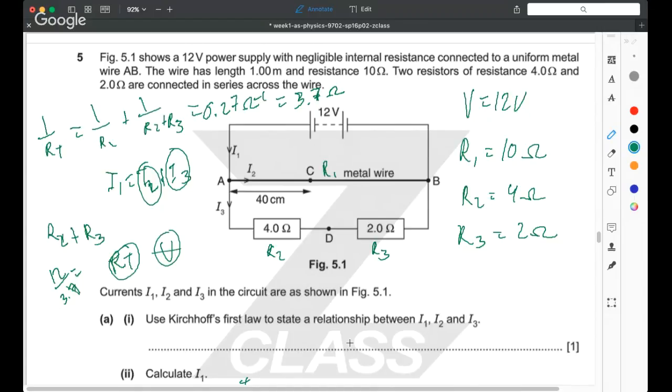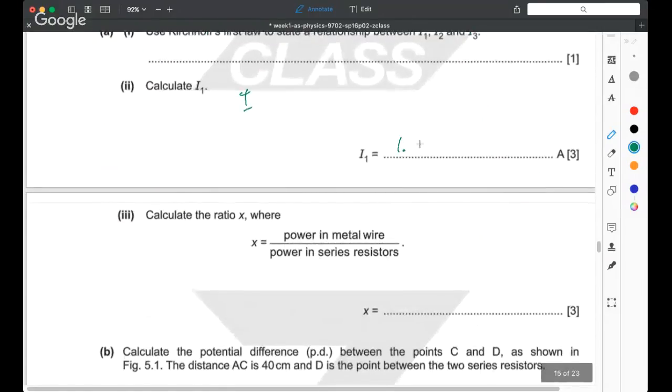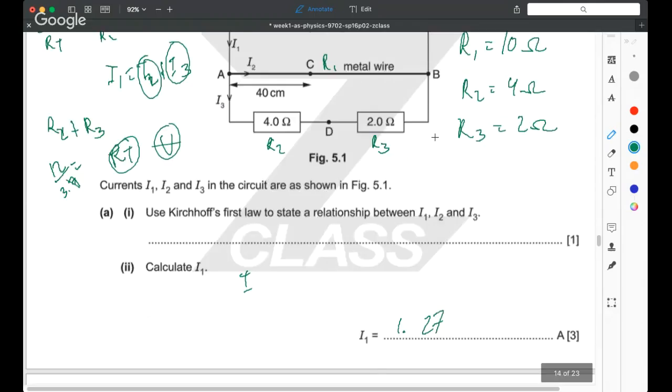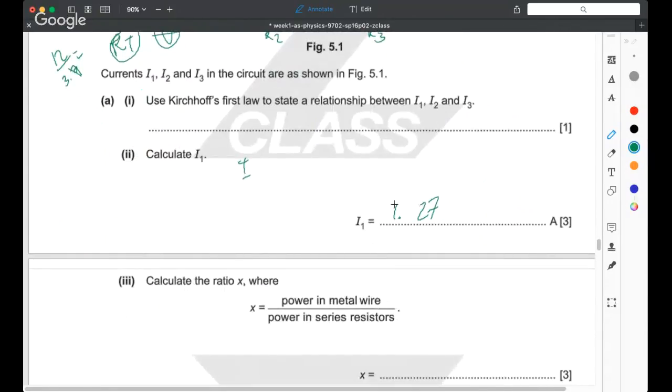So the answer is 1.27. It's very low. Oh, sorry, I need to check. It's 12 over... you say 3.7, right? 3.24. Okay.